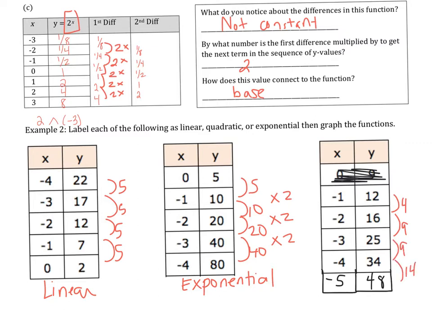So our first difference is not consistent. Let's go ahead and find our second difference. We have a 5, a 0, and a 5. So remember, as long as our second difference is consistent with the exception of that 1, 0, it is going to be a quadratic function. Go ahead and try your new skills on the independent practice.